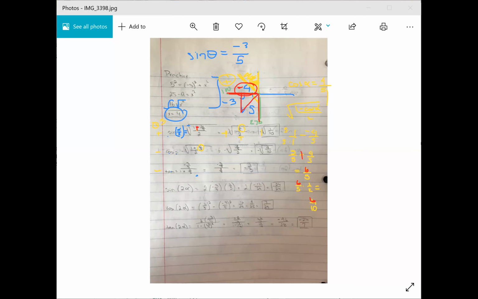So because your triangle is in the third quadrant, your opposite side is going to be negative, and so is your adjacent side, because of the x-axis and the y-axis. Based off of that information, is that why we change this to positive? Yes.